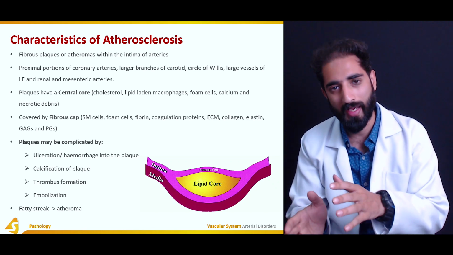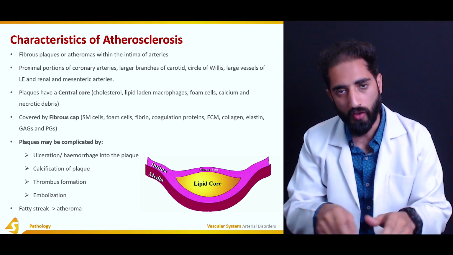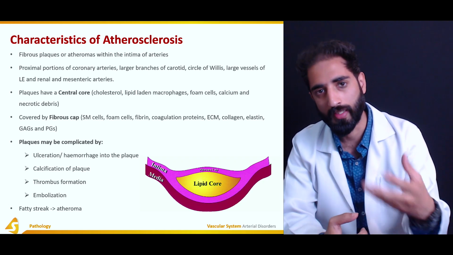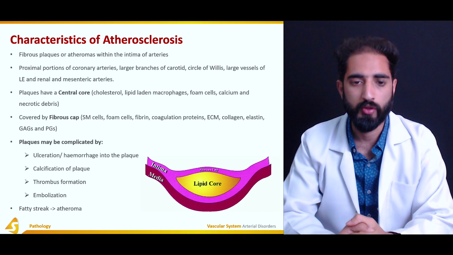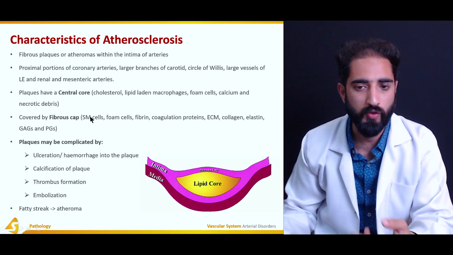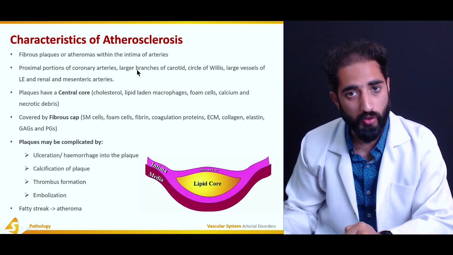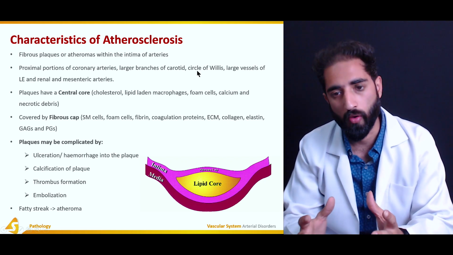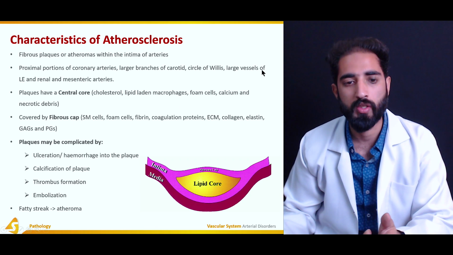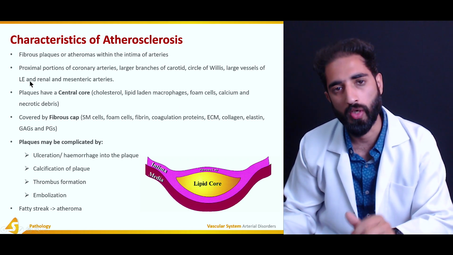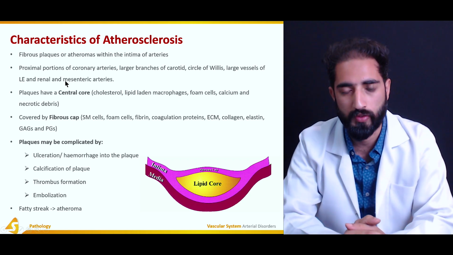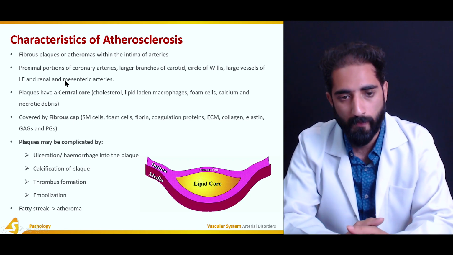The tunica intima is the innermost layer of the arteries, which is composed of endothelial cells. The proximal portions of the coronary arteries, larger branches of the carotid arteries, circle of Willis in the brain, and large vessels of the lower extremity and renal and mesenteric arteries are the most common sites for atherosclerosis.